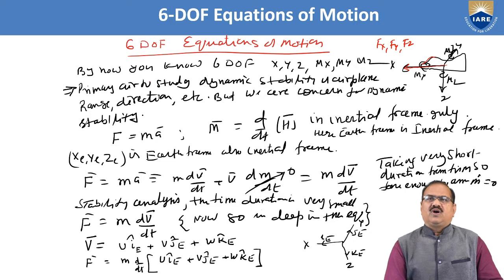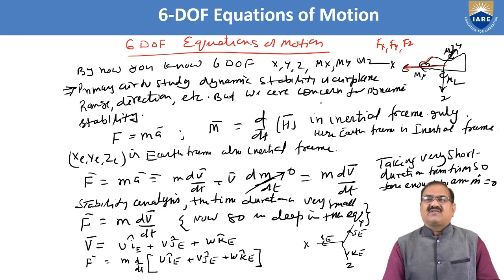By now, we know that for 6 degrees of freedom we have the forces in X, Y and Z direction, and the moments about X, Y and Z axes. Our primary aim is to study dynamic stability of the airplane, also how much range, direction, etc. your aircraft is covering.